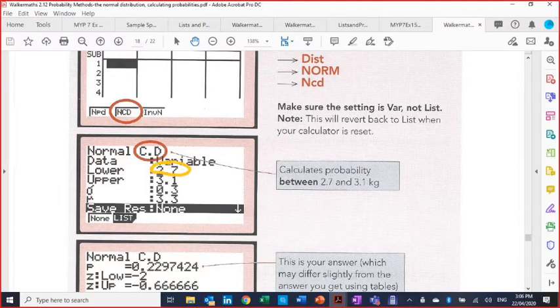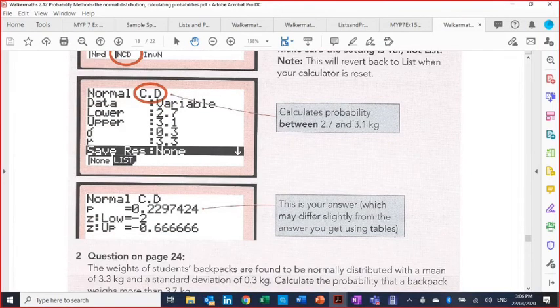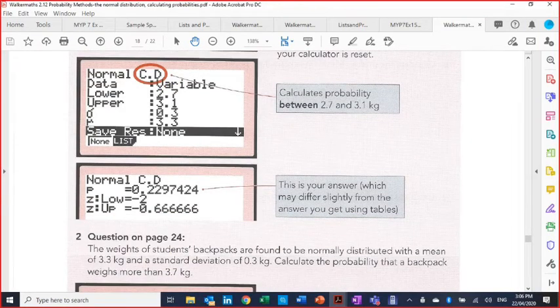The lower limit was 2.7, upper limit was 3.1, the standard deviation was 0.3, and the mean was 3.3. Right? So all you're going to do is just put in the numbers that they give you. Don't have to do anything else. Then you hit execute, and boom, there's your probability.